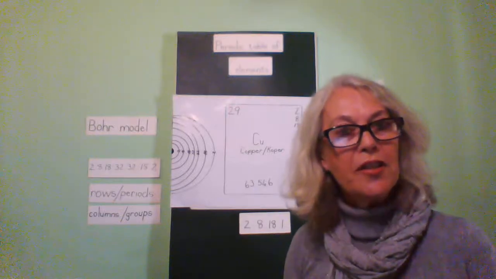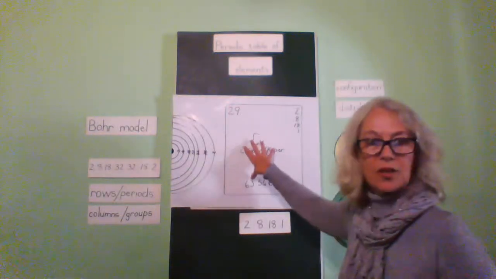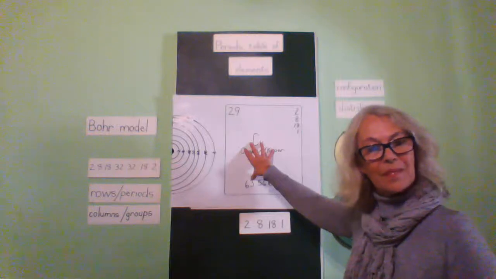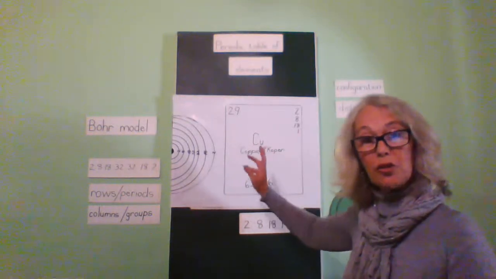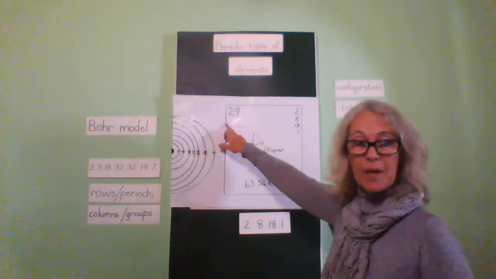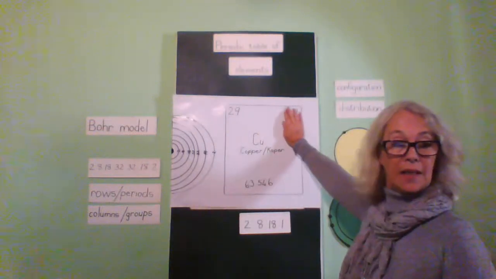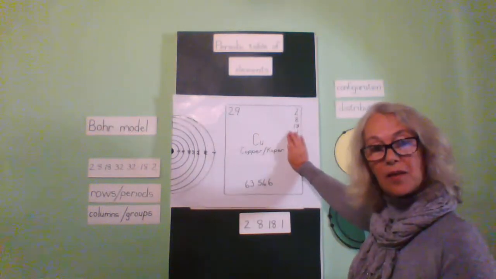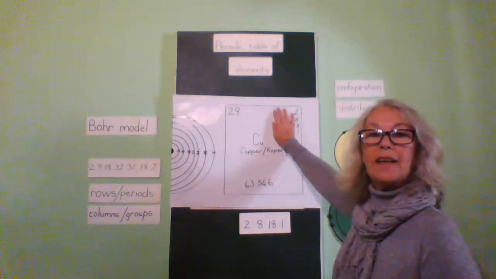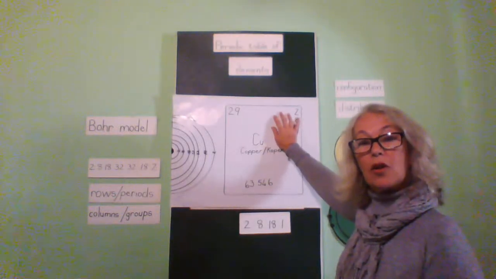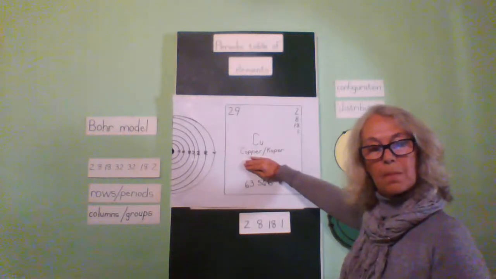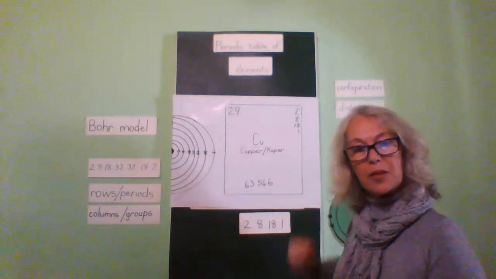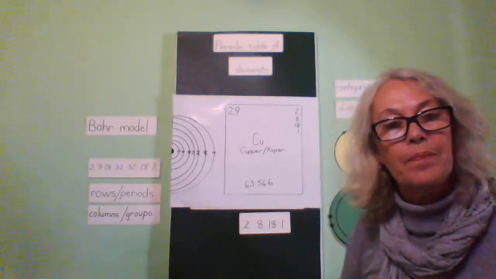It's a lot of words that you have to write for something that you can just illustrate like this. Here we've got all the information. As long as you know that that is the atomic number, these indicate the amount of energy levels, and it also indicates the electron configuration. That's the element symbol. There you have your element name, and at the bottom you have your estimated atomic mass.